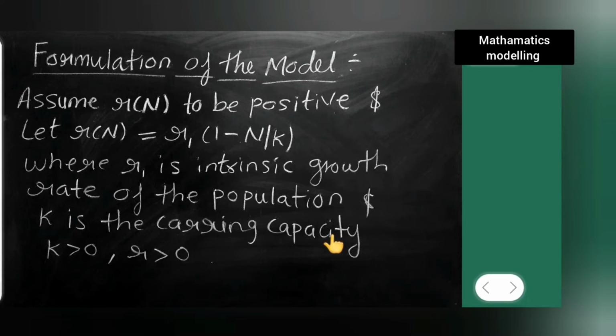N is the density of population, with k greater than 0 and R1 greater than 0.